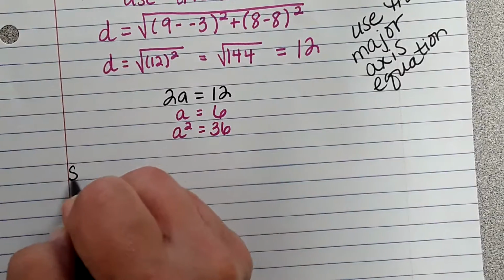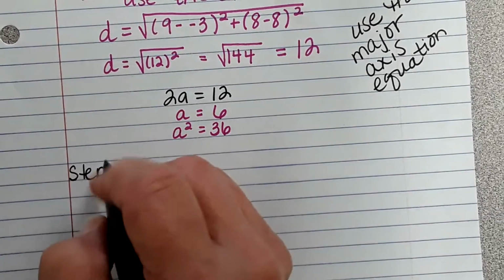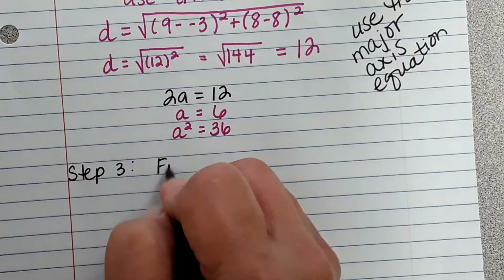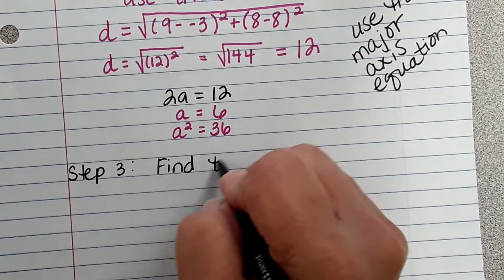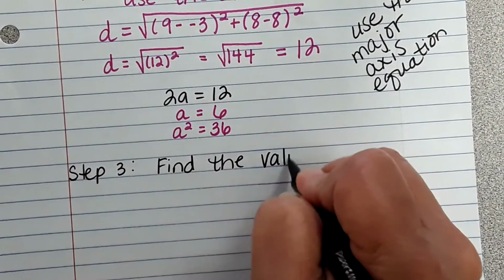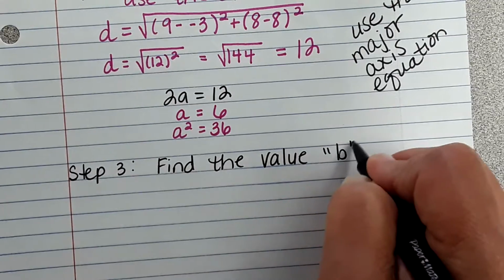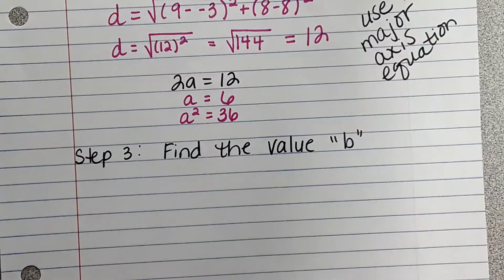Step 3 is to find b. Now, the reason that I'm making a big deal about these steps is because these are the steps you're always going to use. You have to find the value of b, because you need all of this information to write an equation of an ellipse. This time it says find the value of b. The co-vertices make up the minor axis.